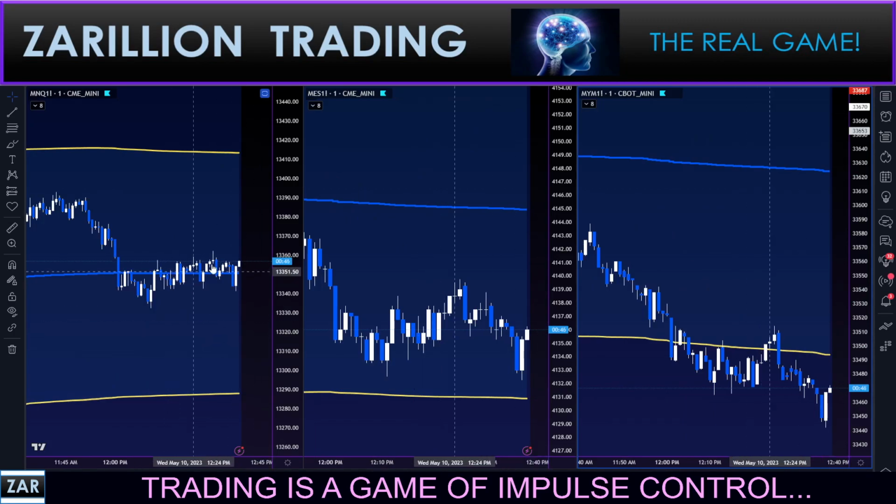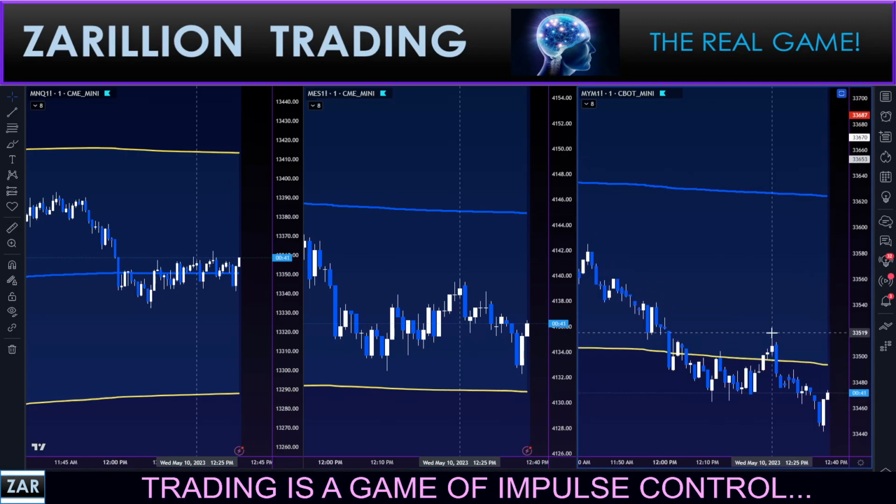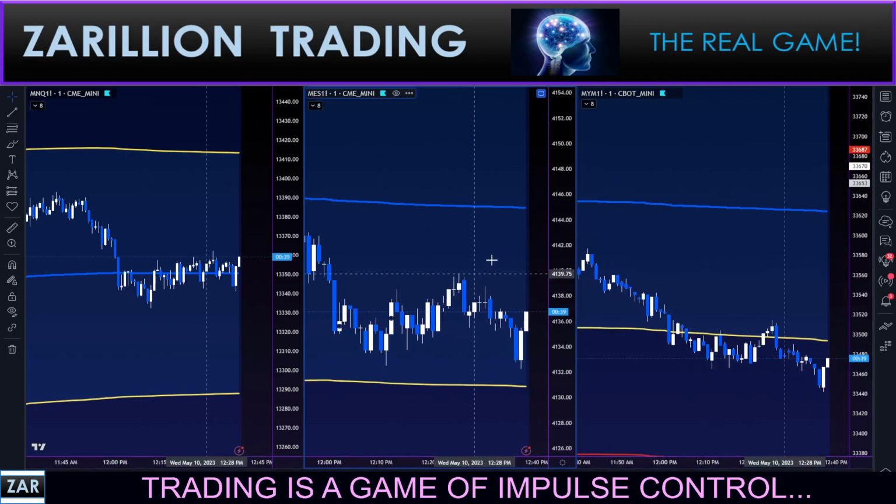So here are the three sisters. You can see it here on the NASDAQ and on the S&P and of course on the Dow, the one that I'm short.